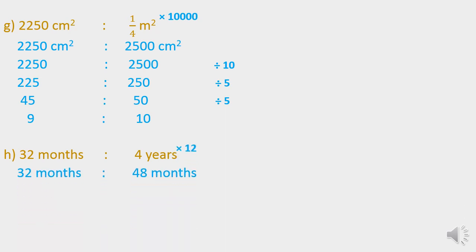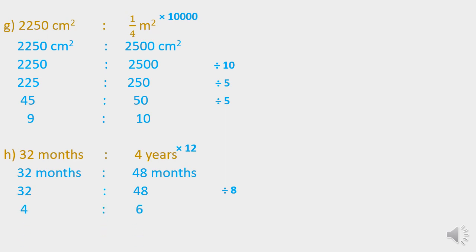Then we have the ratio 32 months to 48 months. 32 to 48, we ignore the two units, months. We can divide the two numbers by 8. 32 divided by 8 equals 4. 48 divided by 8 equals 6.